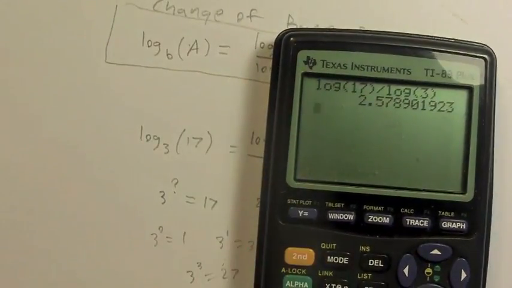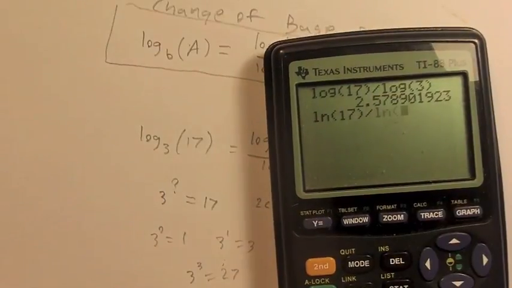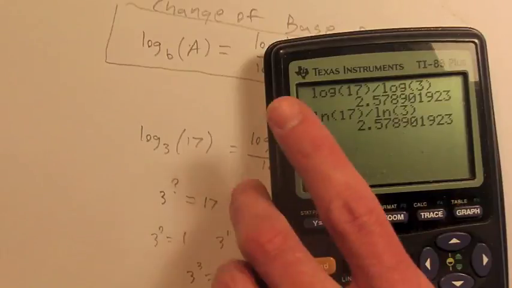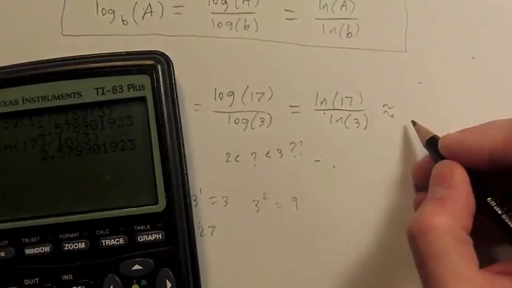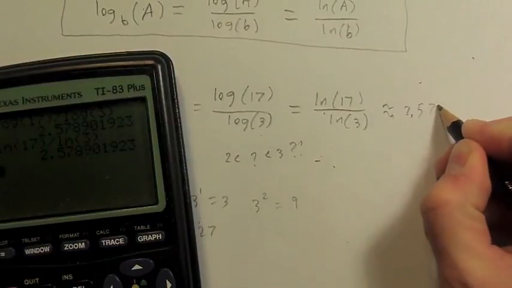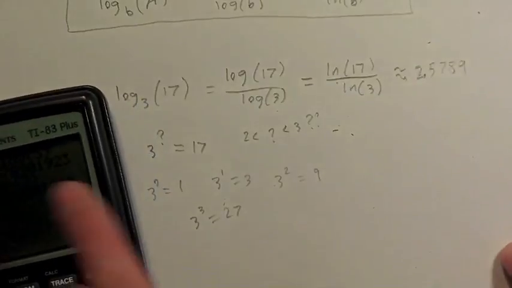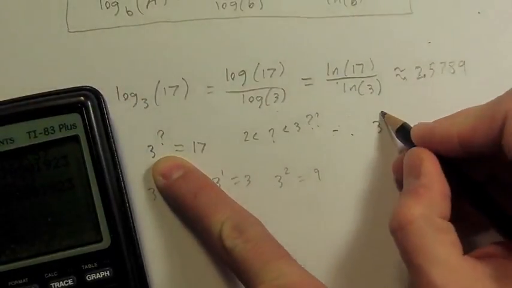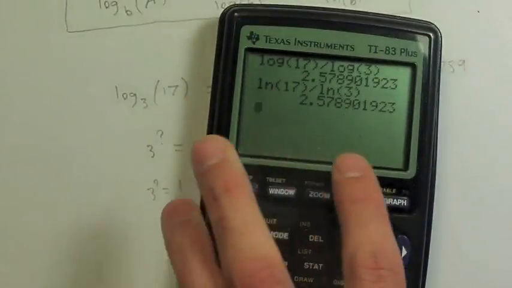Let's try it with natural log. Natural log of 17 divided by natural log of 3. Check that out, it's the same thing. So it turns out that the answer is about 2.5789. Notice it just keeps on going.